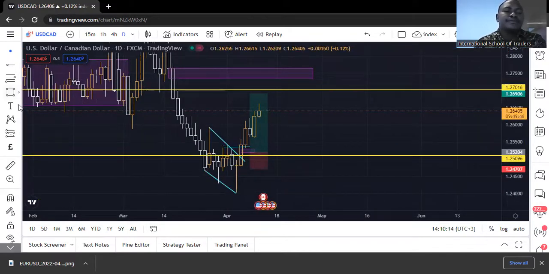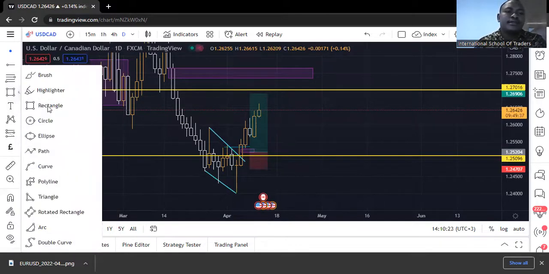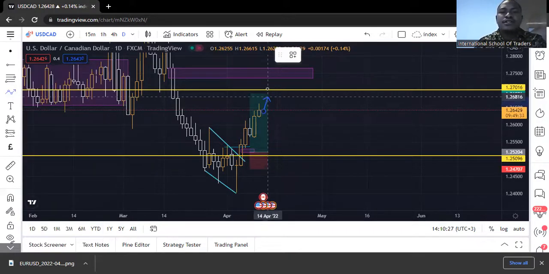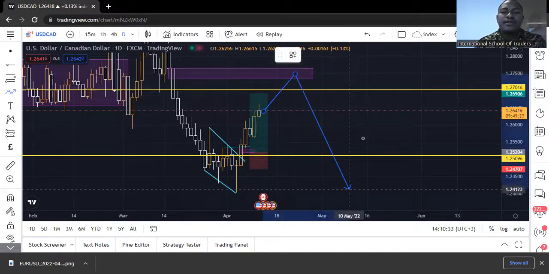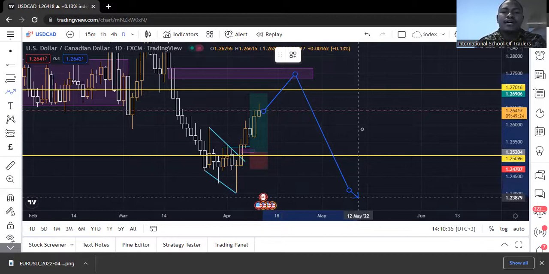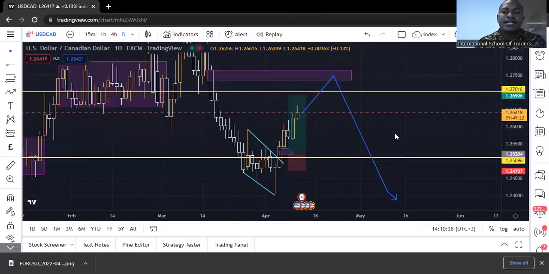I'm trying to say that when the market does this, this should be the expectation: the market continuing to this area and then changing direction towards the downside. Let me see what our retracement would be at this area.